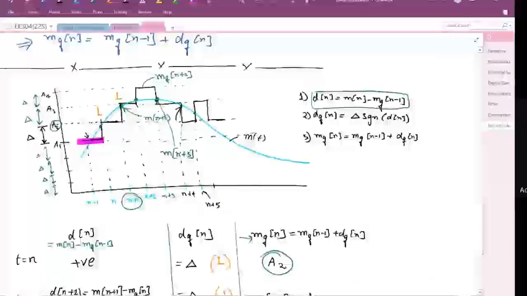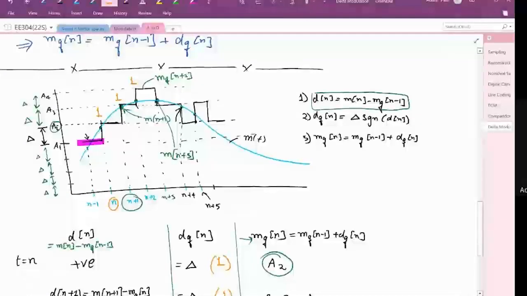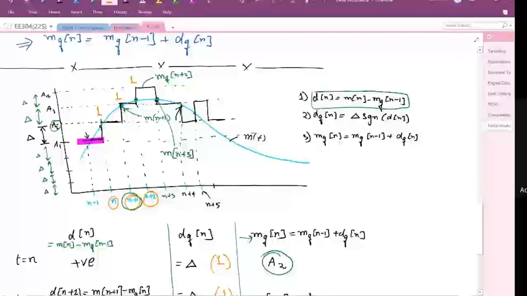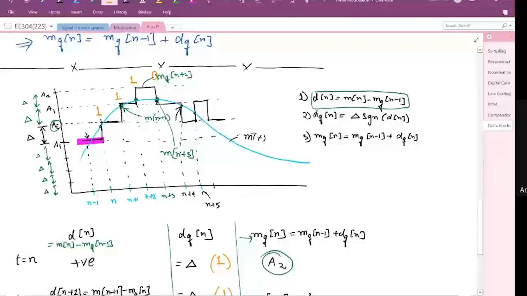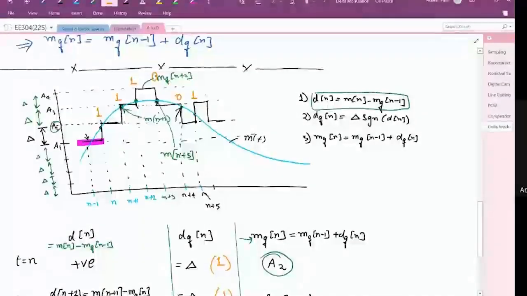That means at each of n plus 1, n plus 2, there were increments, so these are encoded as 1 1 1. At point n plus 3, there is a decrement, so this is encoded as 0. At n plus 4 as well, there is a decrement, encoded as 0. Then this is again 1, and then it will be 0.